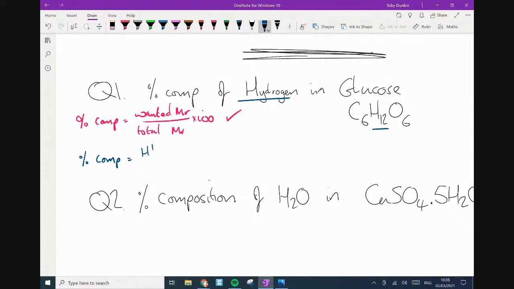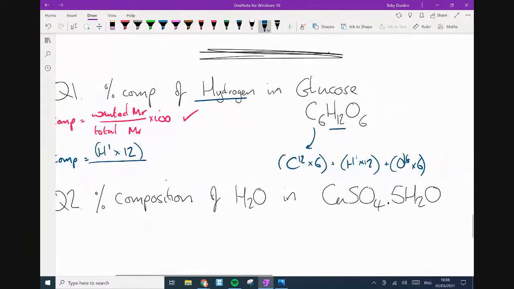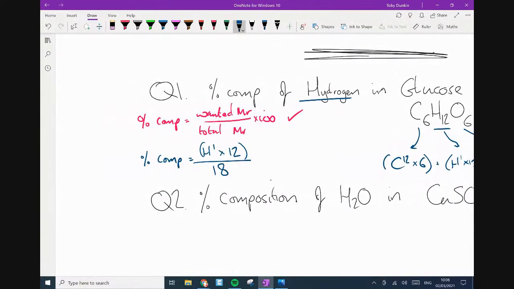So hydrogen is 1, but there's 12 of them. Over the total, what does this weigh? Carbon is 12 times 6, plus hydrogen at 1 times 12, and oxygen at 16 times 6, which is 180 for glucose. So over 180, there's my second mark.